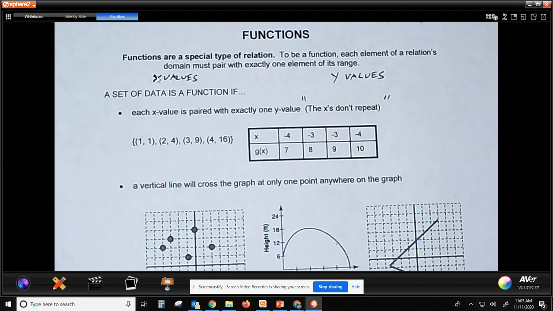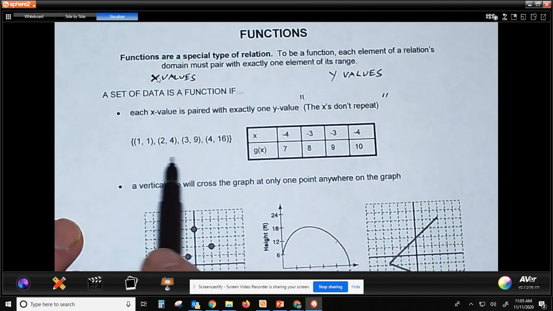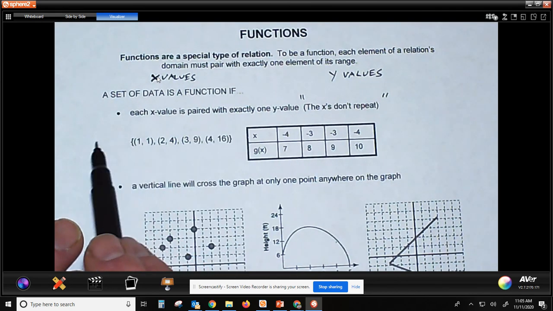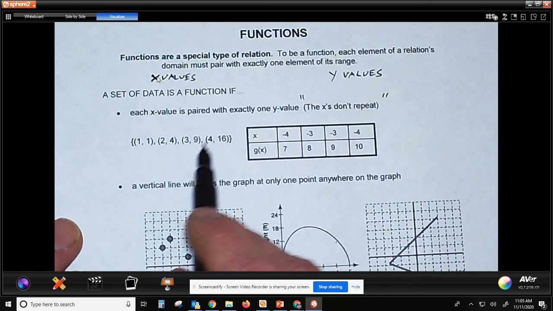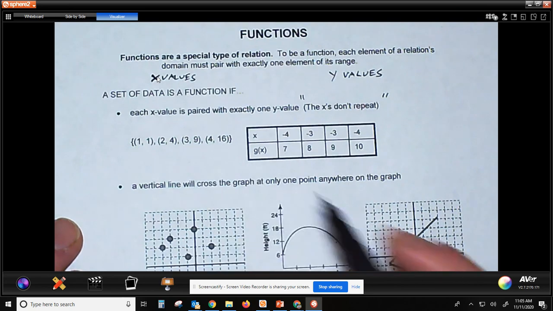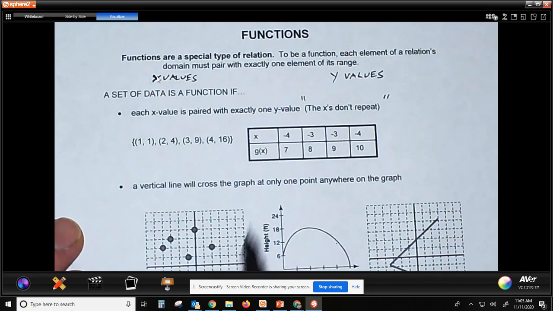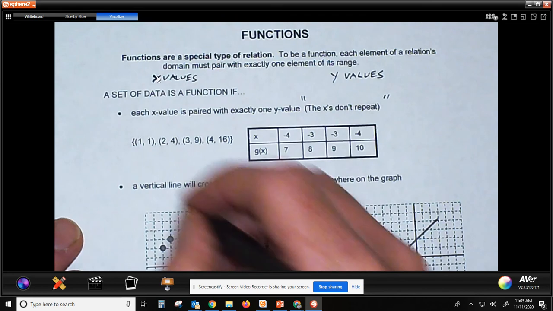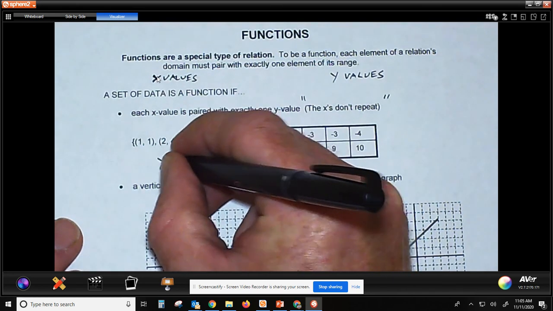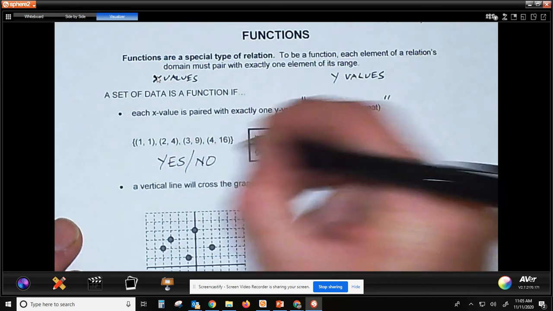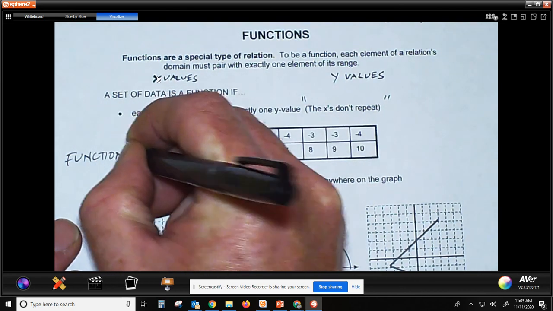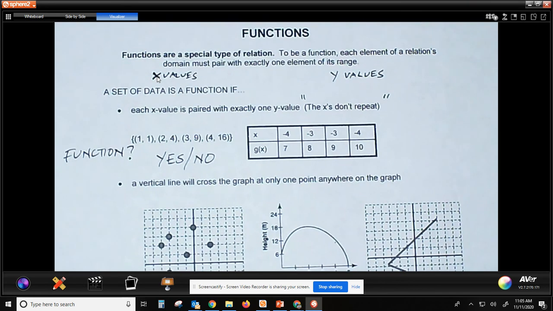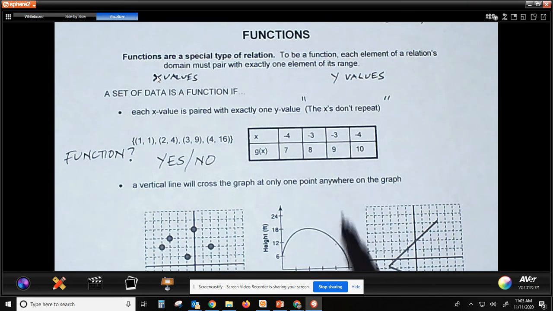Let's look at a couple of examples. Here's a set of data. There are 4 points in this set: (1, 1), (2, 4), (3, 9), and (4, 16). To be a function, I'm going to ask a yes or no question. Do the x's repeat?